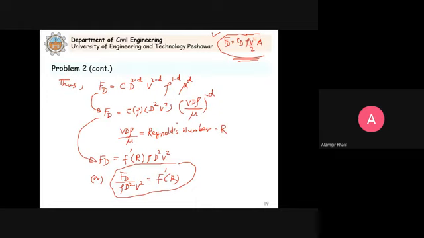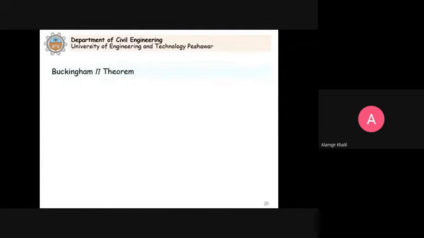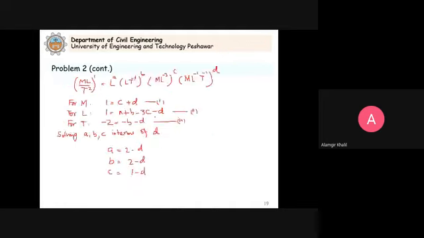Now, this was the Rayleigh method. We solved a few examples on this, but as I said, as you can see here, if we have 4 unknowns, we have 3 equations, so we express the 3 in terms of the 4th.